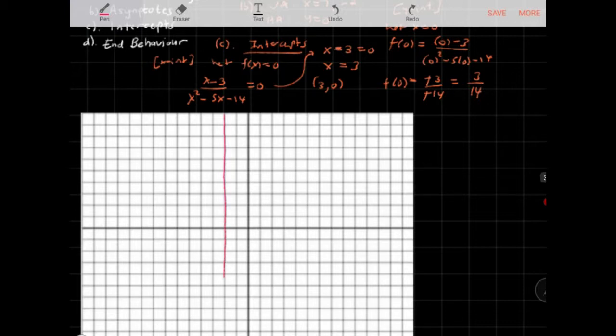Okay, so this is my vertical asymptote, -2, whoops. This is one of the reasons why I tell you guys to use a ruler. Anyways, vertical asymptote, x is equal to -2. We also have another vertical asymptote at 7, so this is 3, this is 4, so this is 7, right? So we have a vertical asymptote at x is equal to 7.